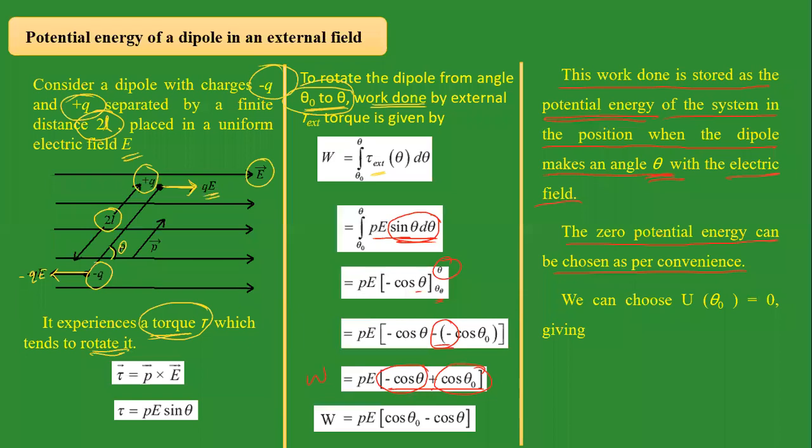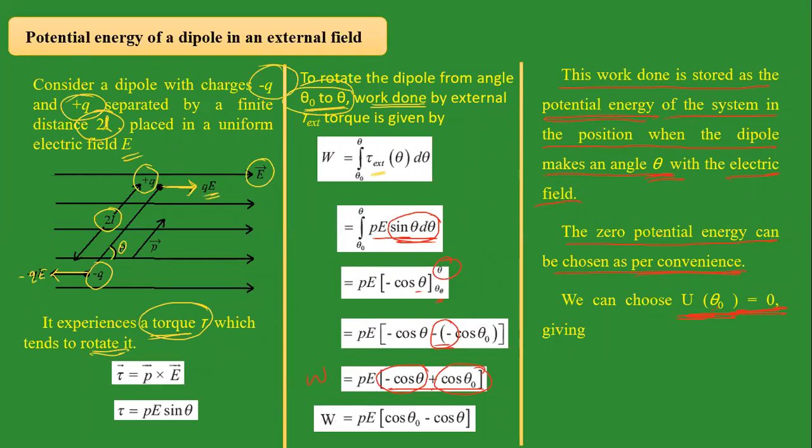Now for zero potential energy, we can consider the initial position. So this initial potential energy we consider 0. Here, as per our convenience, we consider the zero potential energy point. So the potential energy when the angle is theta 0 is 0, meaning the initial potential energy is 0. So that we substitute.